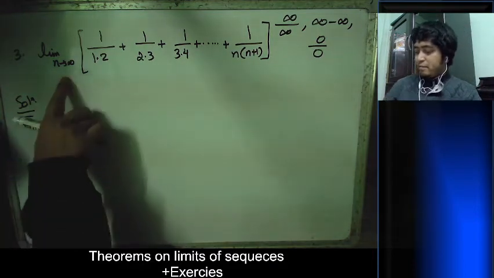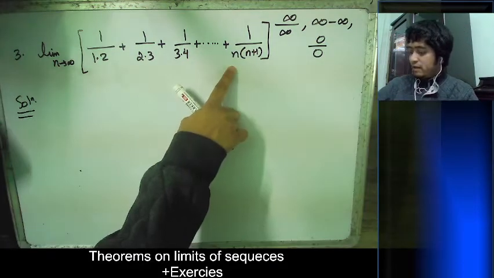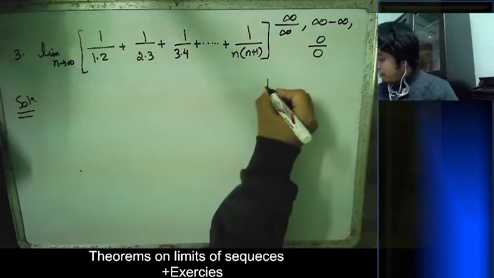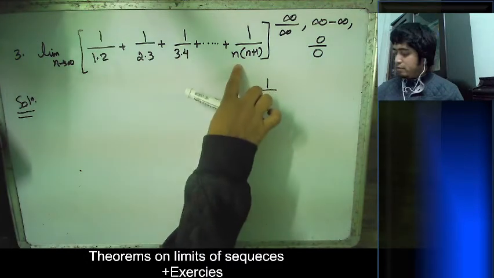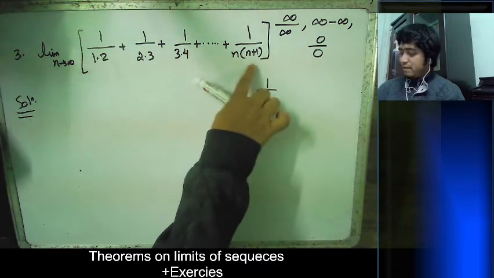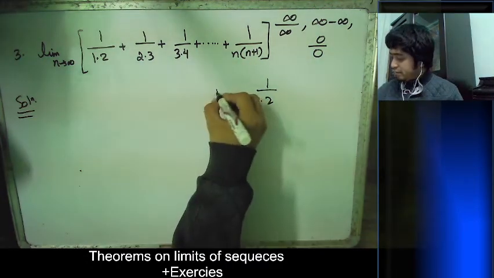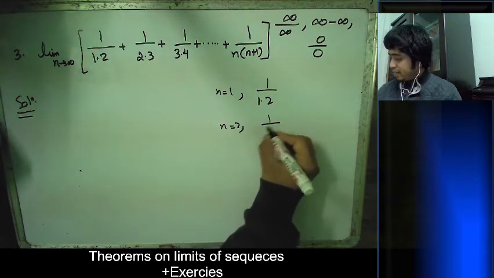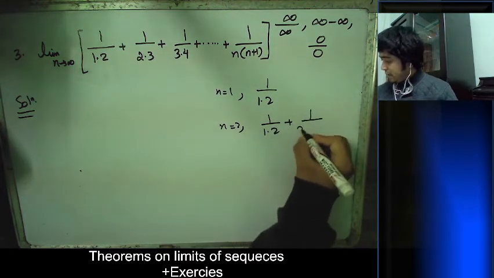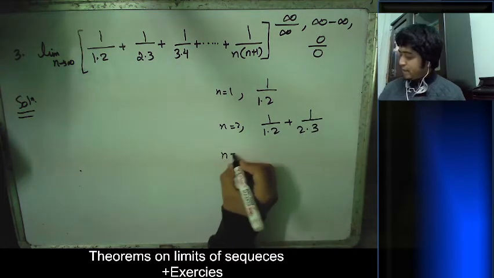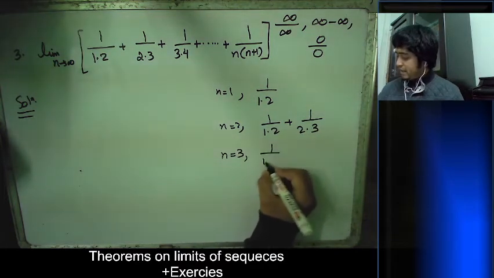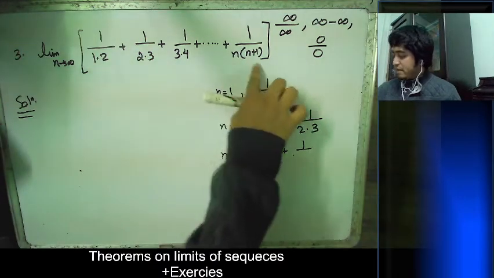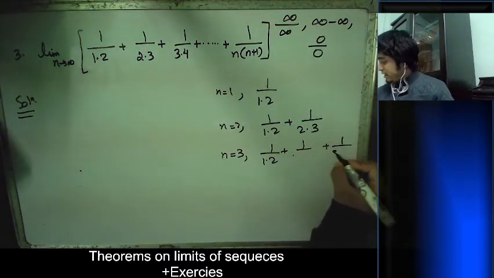For example, if you put n equal 1, then you are having only one term, that is 1 by 1 dot 2. If you put n equal 2, then you get 1 by 1 dot 2 plus 1 by 2 dot 3. If you put n equal 3, then you'll be getting 1 by 1 dot 2, 1 by 2 dot 3, and 1 by 3 dot 4, because it should end in 3 and 4. You are looking at the last term.